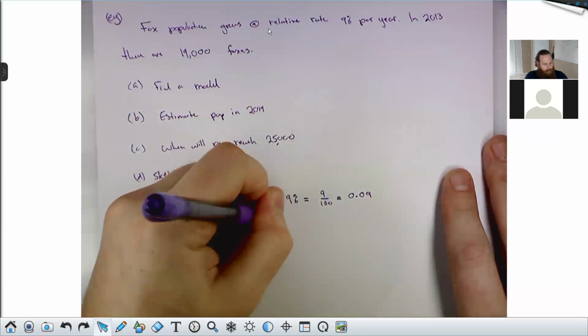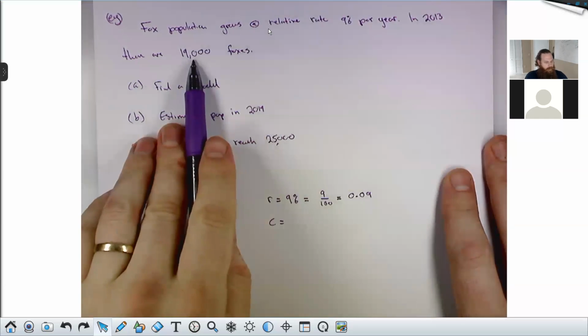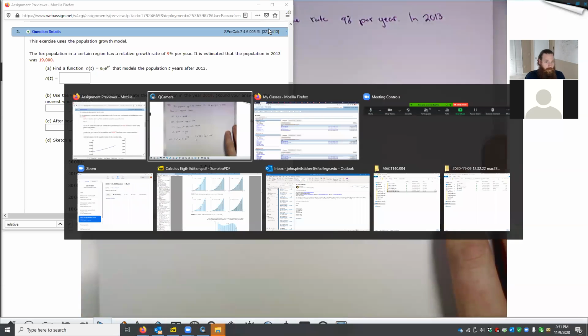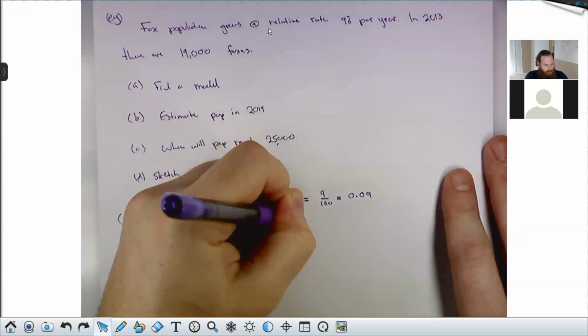C, my initial population, they told me in 2013 the population is 19,000, and they want the function to tell them how many there are after 2013. So we don't have to do any funny business here. C is just 19,000.